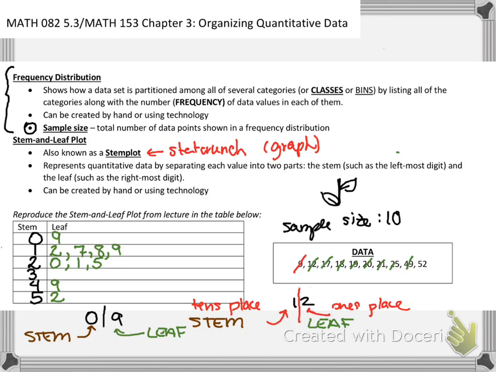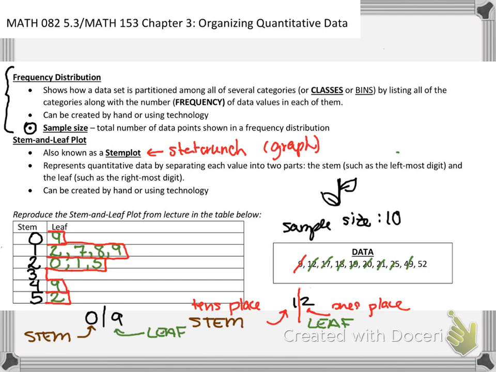So the reason I like stem and leaf plots so much is that just by creating one, you almost have a sort of bar graph, if you will. And you can see almost where is the highest frequency and where is the lowest frequency in your distribution. So that's one of the advantages of using a stem and leaf plot.